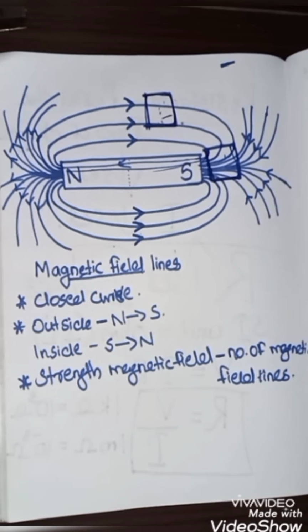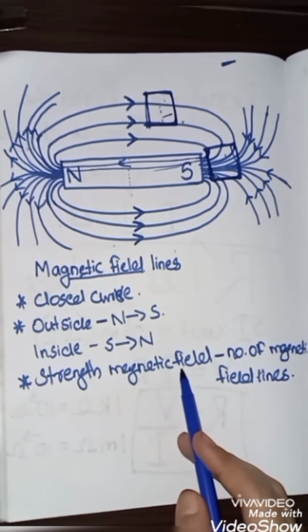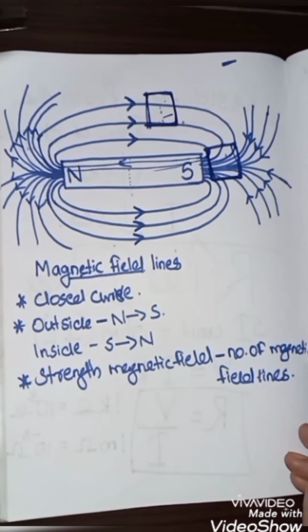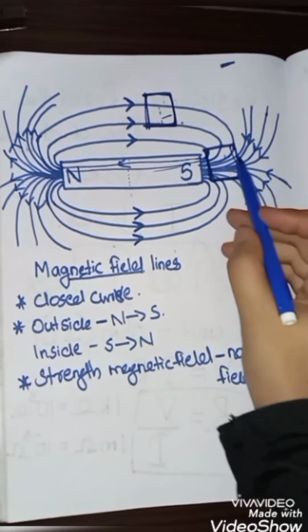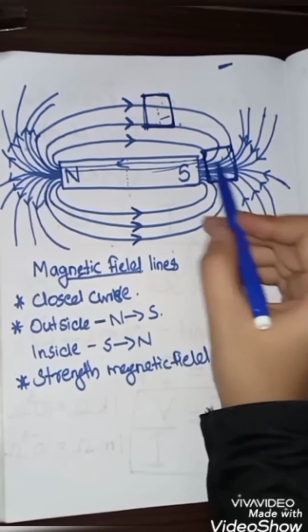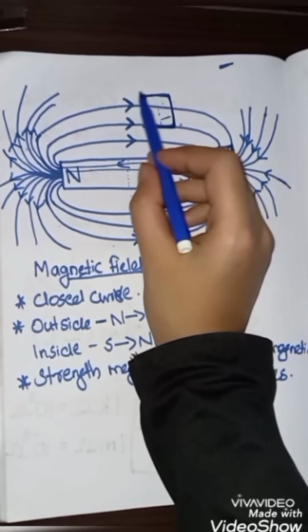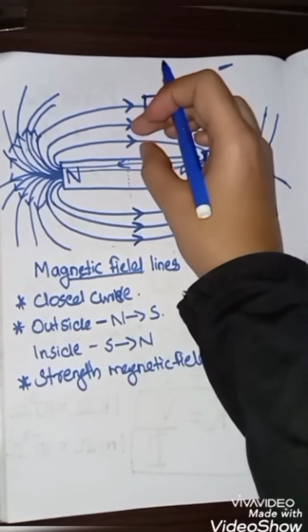So how can we determine the strength of the magnetic field? That is by the number of magnetic field lines. Otherwise we can say that here the magnetic field lines are close to each other and here they are far from each other.